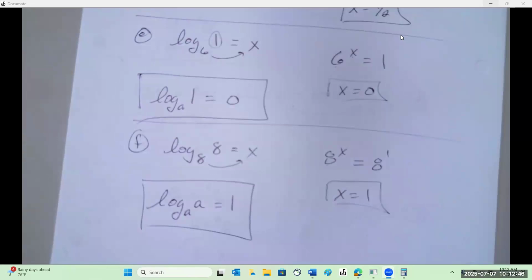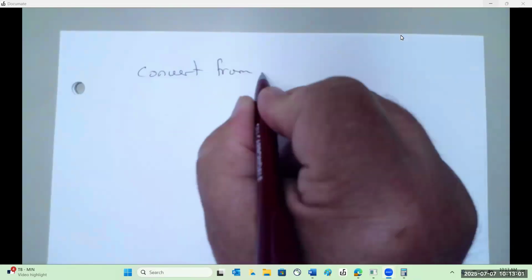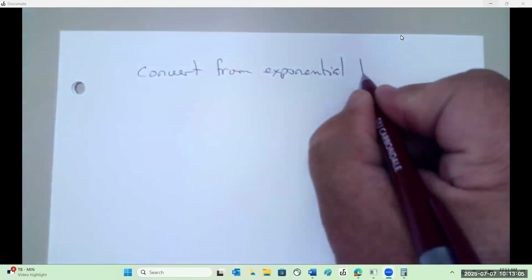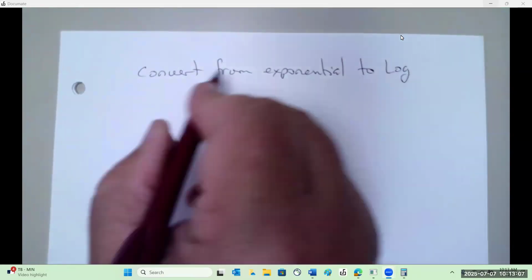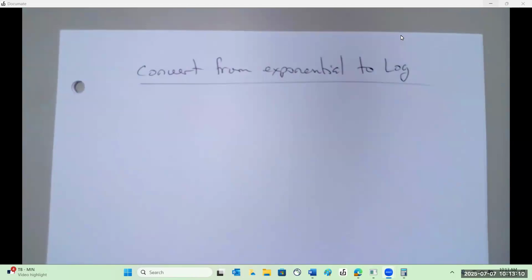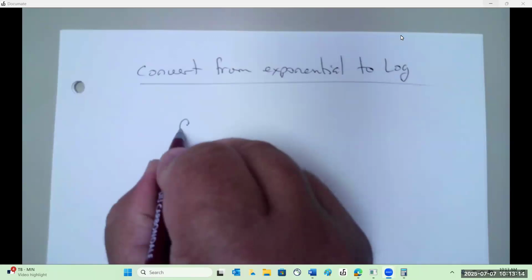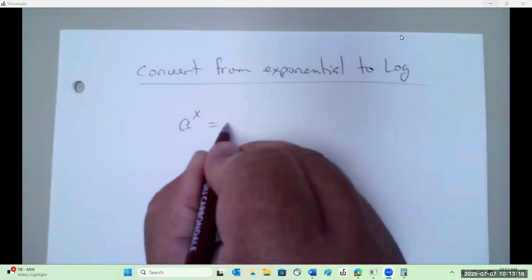Okay, that's going from logarithmic to exponential. Can we go the other direction? I know we can, but can you? Convert from exponential to logarithmic. It's a to the power x is equal to y.